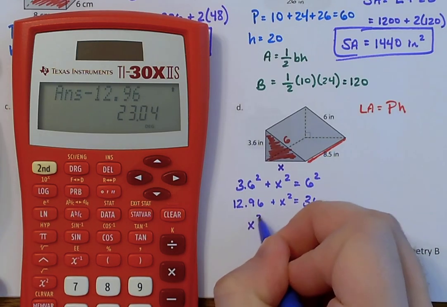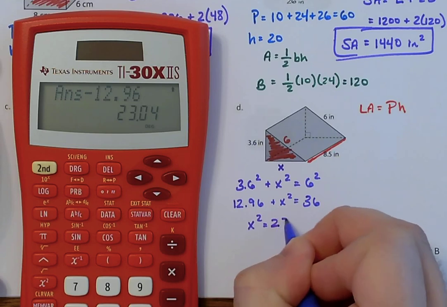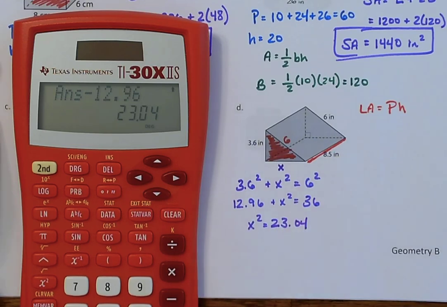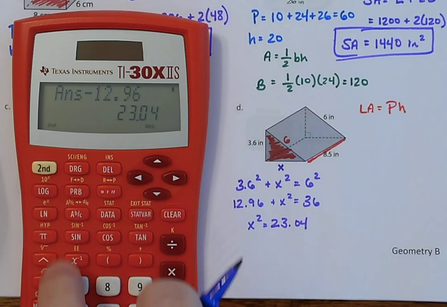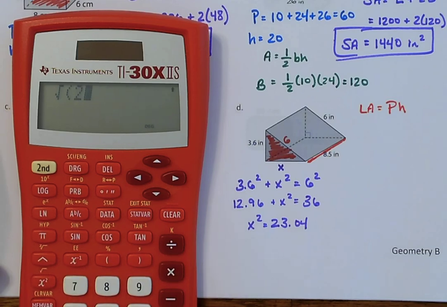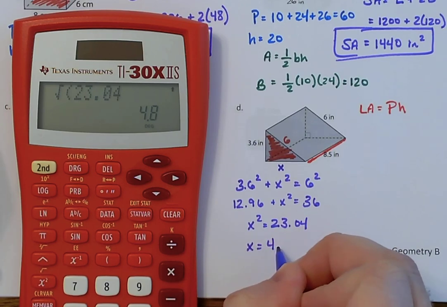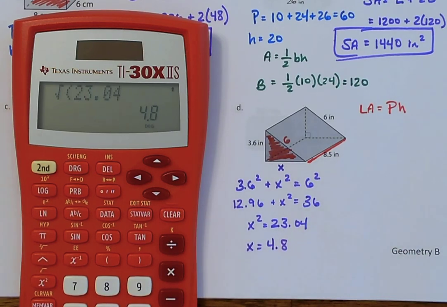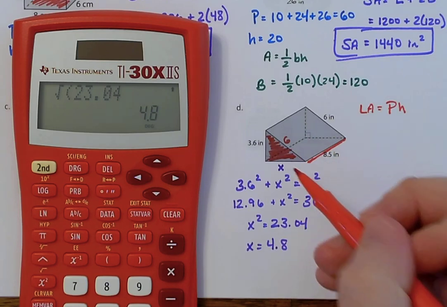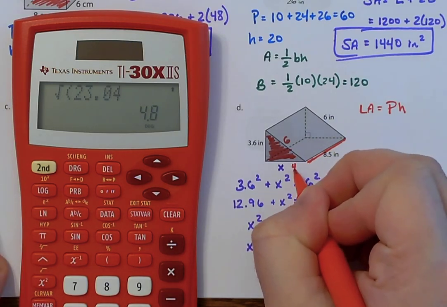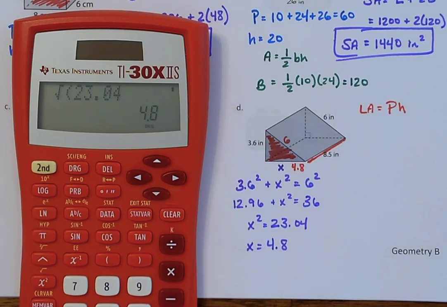So we now have x squared equals 23.04. To solve for x, we take the square root of 23.04, which tells us x equals 4.8. So I now know that this side length right here is 4.8.